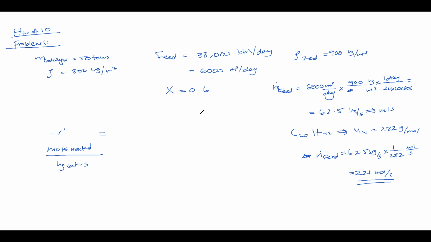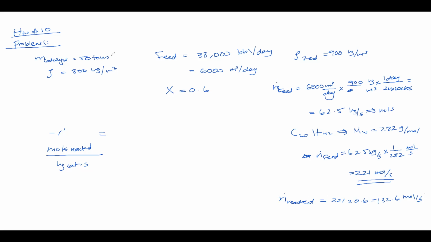You're being told that 60% is cracked, so the number of moles which actually reacts, N reacted, is 221 multiplied by 0.6, and this is equal to 132.6 moles per second. For this one, I need moles reacted per kilogram catalyst second.